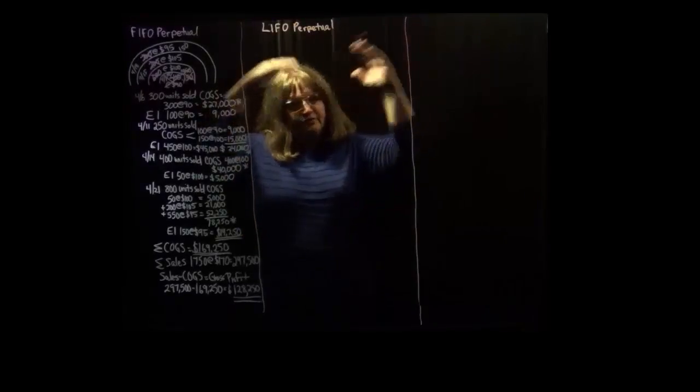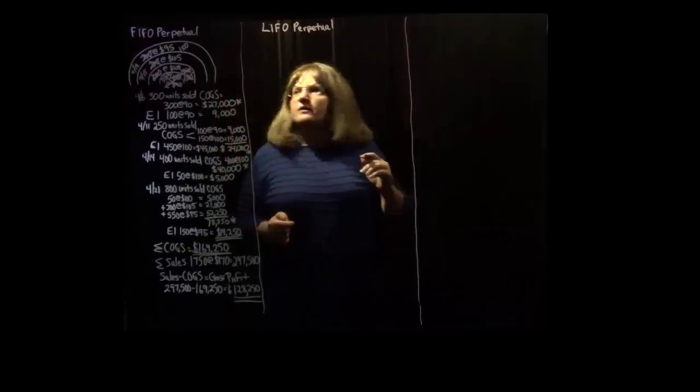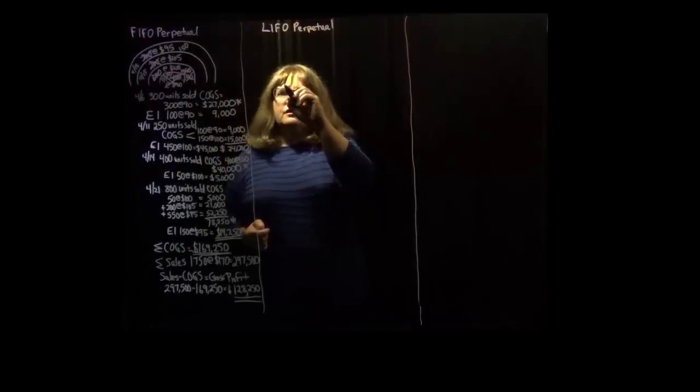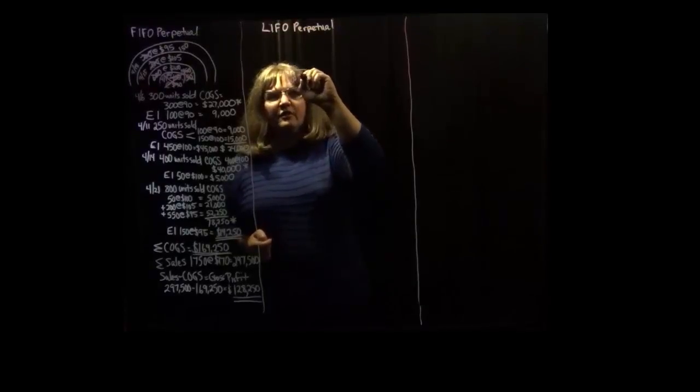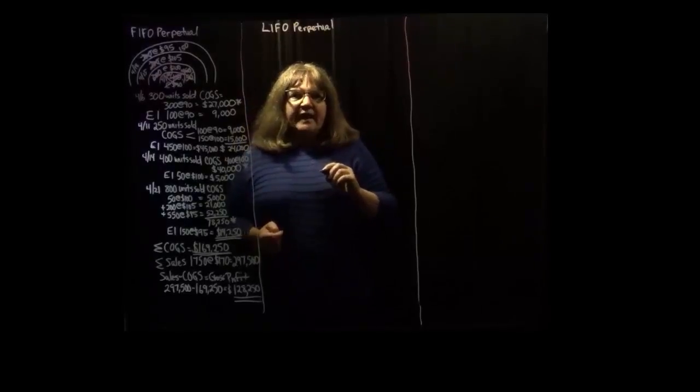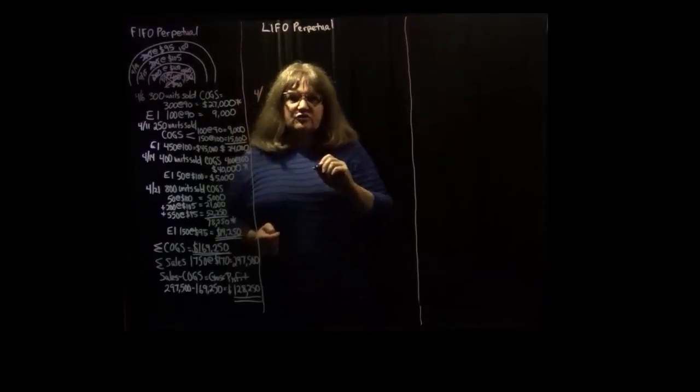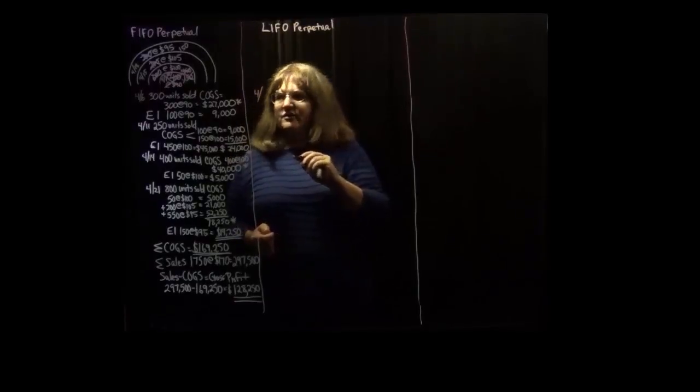So we put it on and then we take it off the top. So we're going to again start with the April 1st balance of 400 units that each cost 90. And we again have to calculate cost of goods sold and ending inventory each time a sale is made.